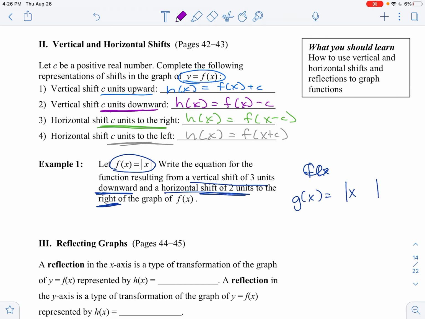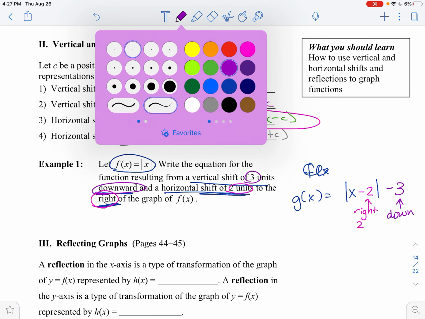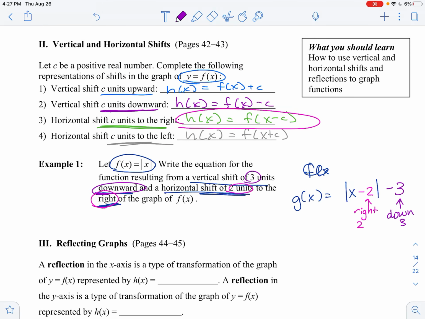Shifting down means we're going to go outside the absolute value and go minus 3. That tells me it's going to go down 3. And then shifting 2 to the right means, just like here, inside we're going to go minus 2. This goes right 2. And again, the 3 was down 3.